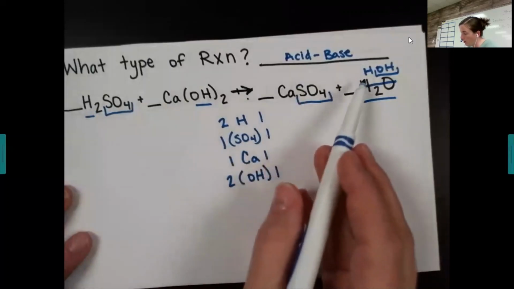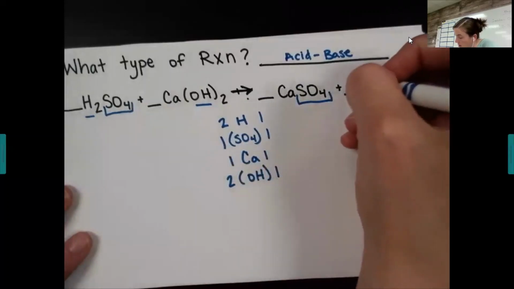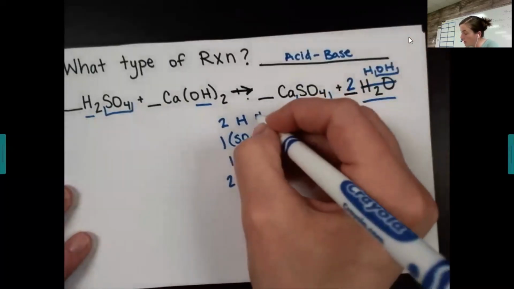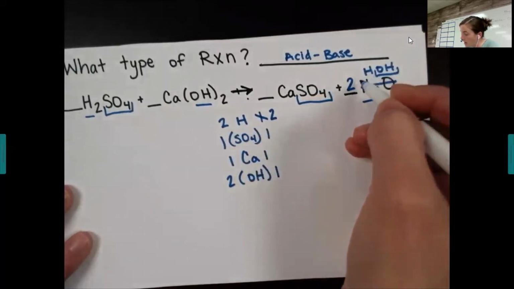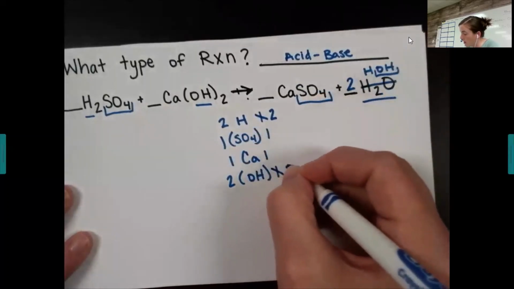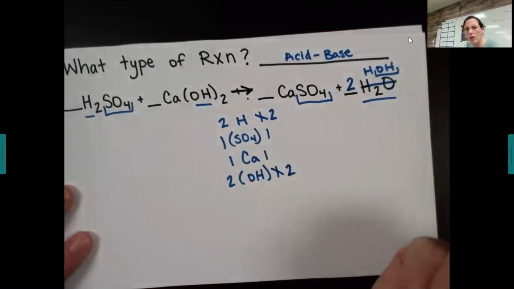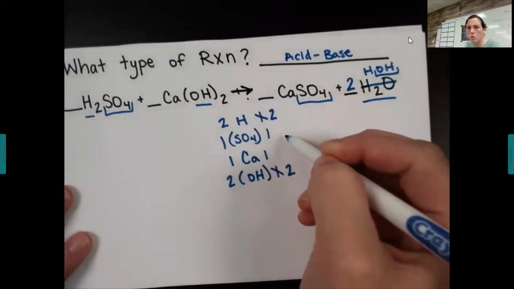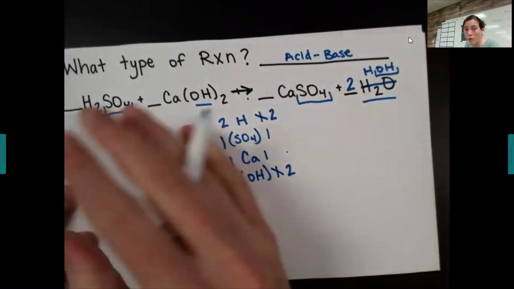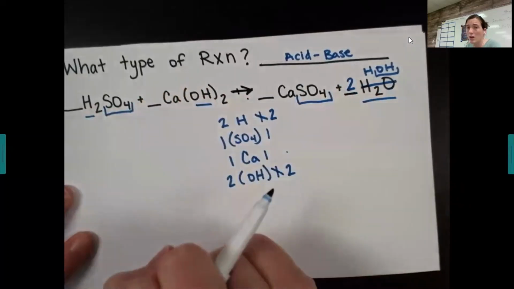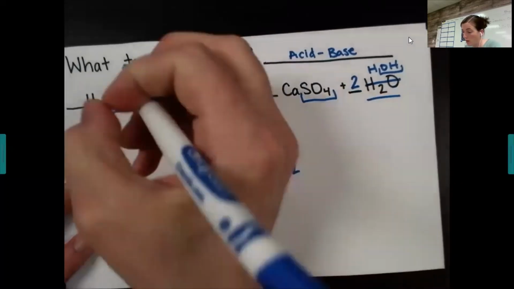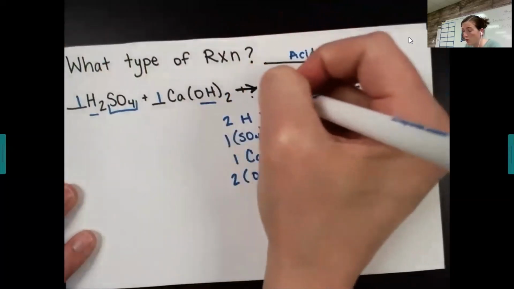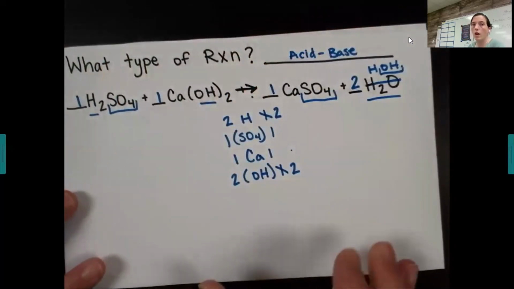I have 2 over here, but only 1 by itself over here. So if I put a 2 in this coefficient, that gives me 2 waters, and it also gives me 2 hydroxides. And now when I look at this, I have 2, 1, 1, 2 on both sides of the equation. So that's all I needed to do to balance this one. So again, I'm going to put 1s here, but you can also leave them blank. Fine either way.